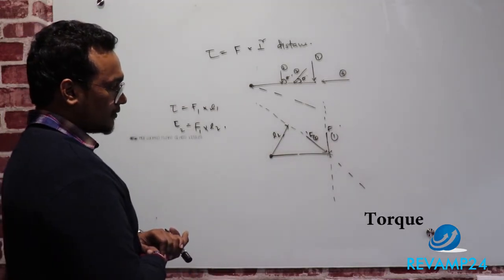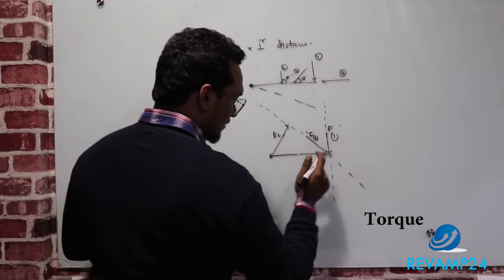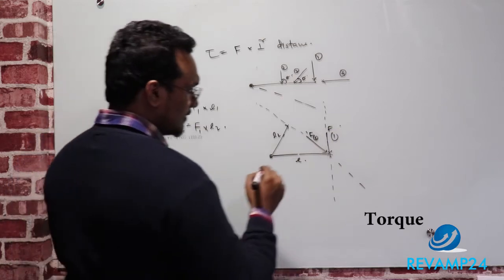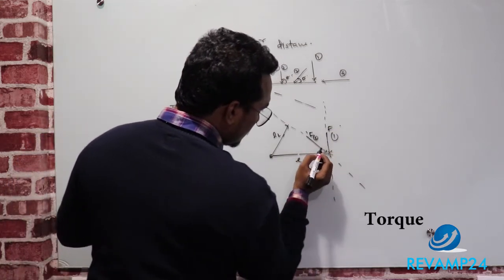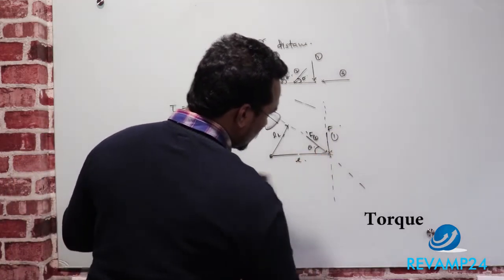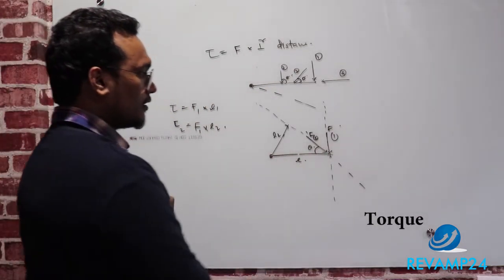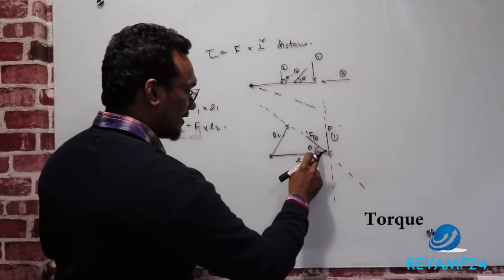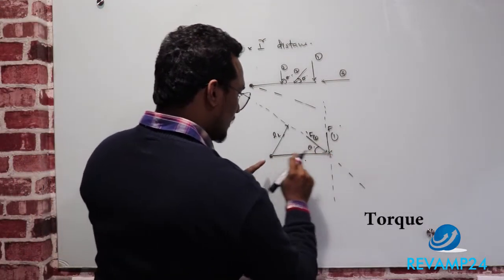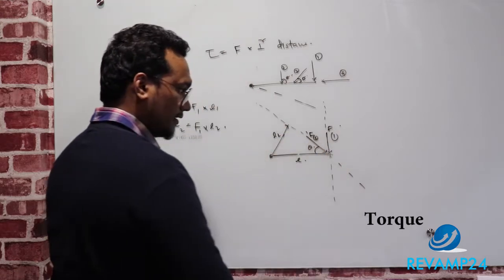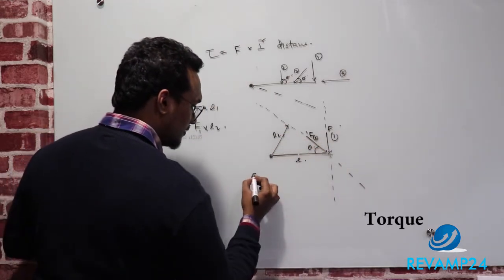Now just see, if this is the total length L, and if this angle is theta, he has applied the force at an angle theta with the door. If this is L, then we know that this will be L cos theta, and this will be L sin theta.